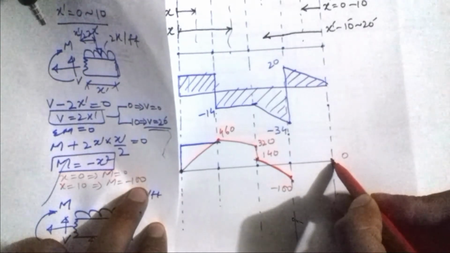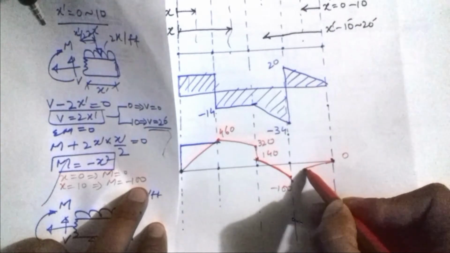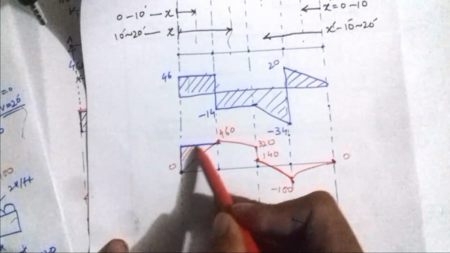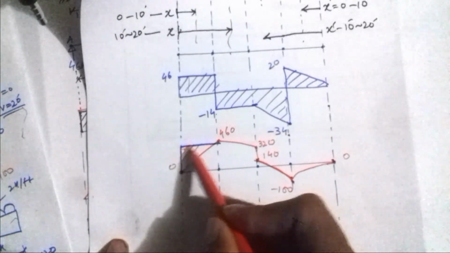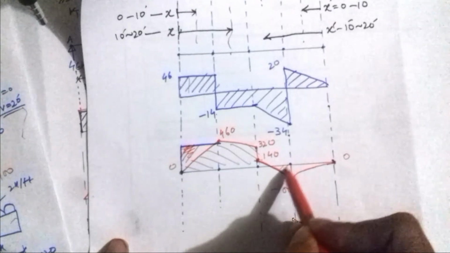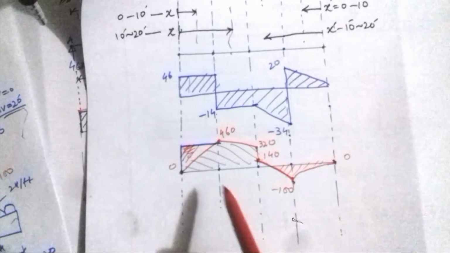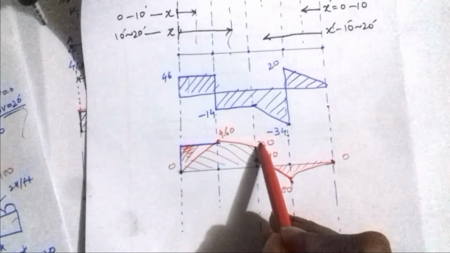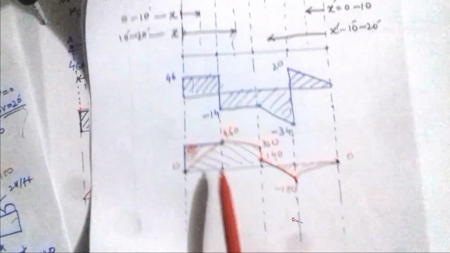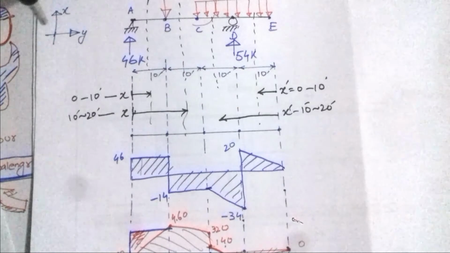So it will be combined in a second degree curve like this. Sorry, this is our bending moment diagram. So the values are 460, 320, then 140, and then minus 100. So this is the shear force and bending moment diagram.